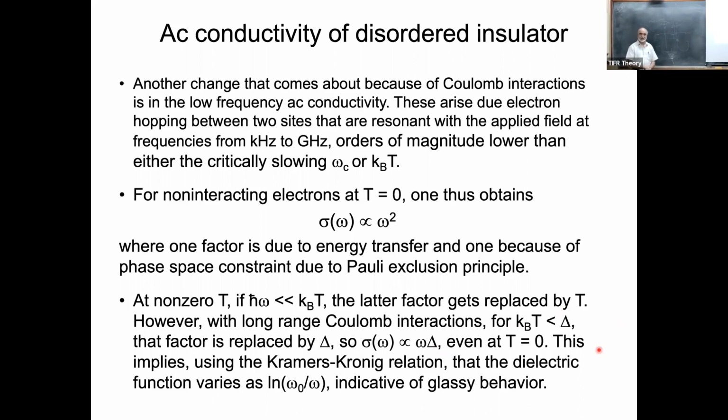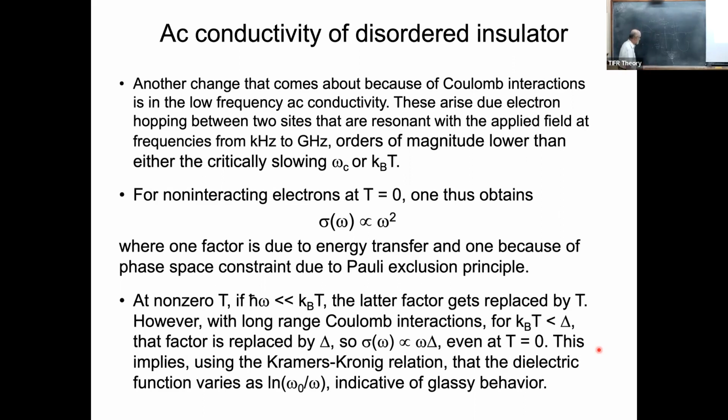Now, if you have conductivity going as omega, and you know that the dielectric constant goes like the integral of sigma omega over omega squared d omega, where omega is the frequency, this goes as omega. You have an integral of 1 over omega d omega, which is logarithmically divergent at zero frequency.